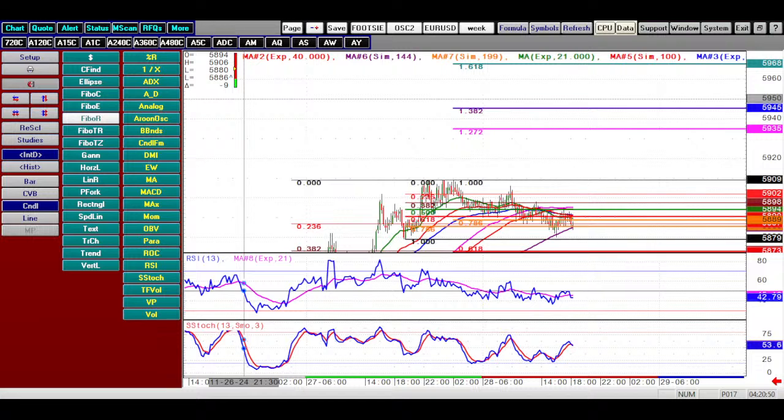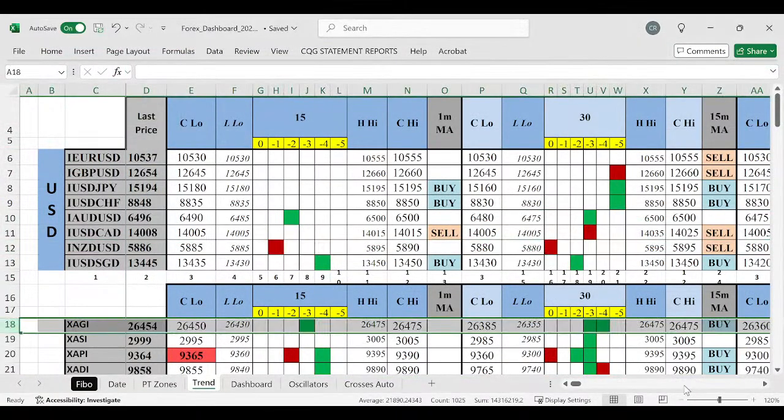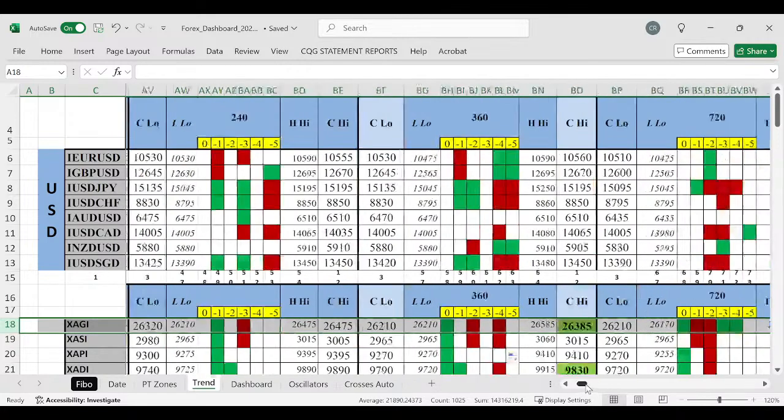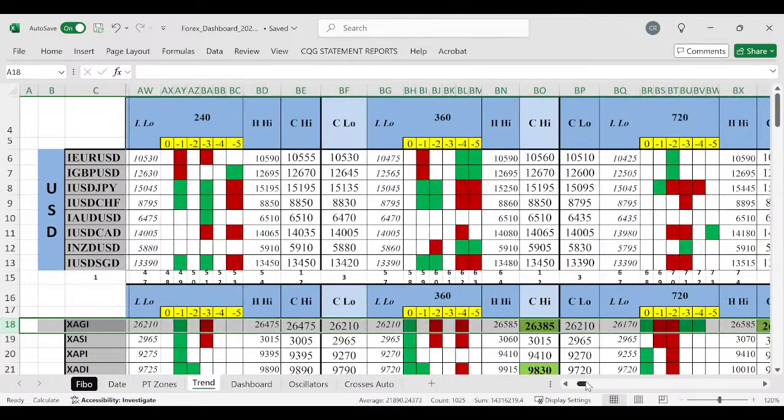Okay, gold. Right now this is trading at, okay, let me share that screen. Right now 360 is up, 720 is up, but do take note that this is not an uptrend, this is an extension.